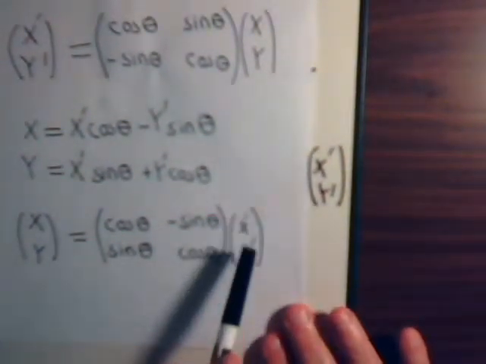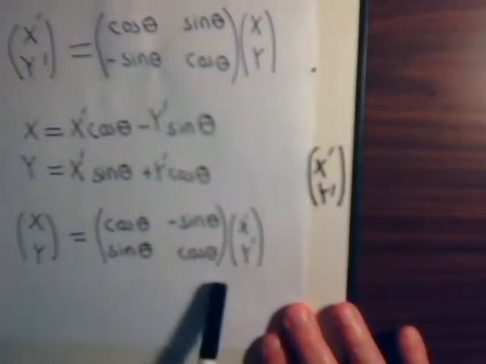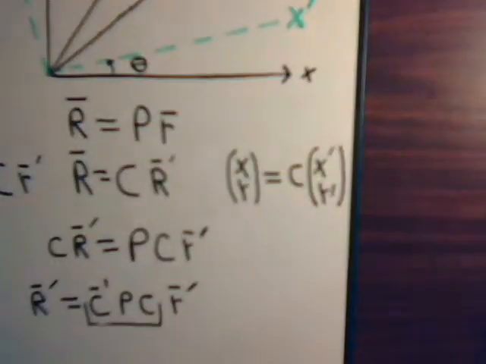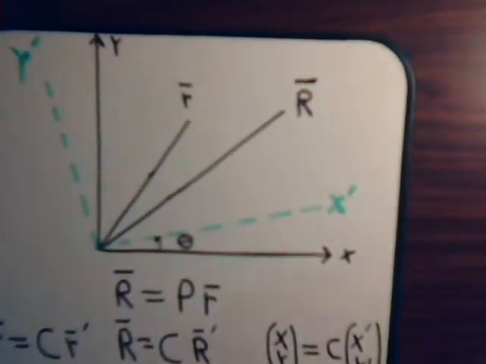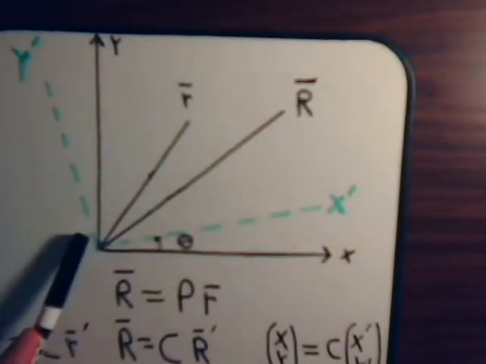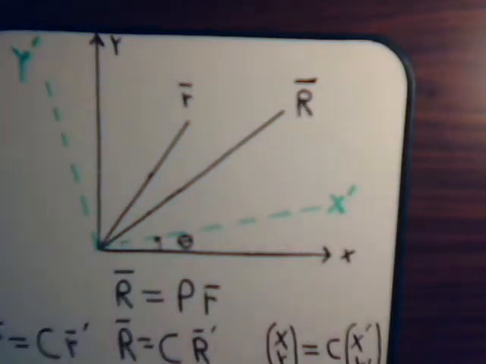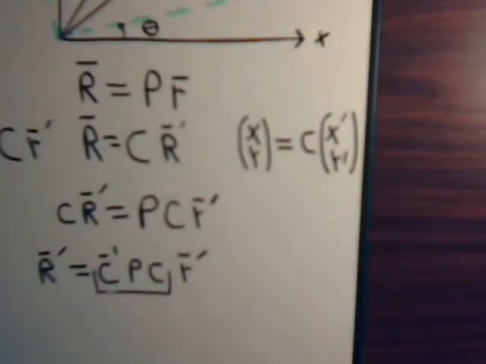This takes x prime, y prime, and gives xy, and here's the matrix that does it. So for this particular case, when our primed axes are perpendicular, and assuming we know the angle here, then we know what the matrix C is going to be. Well, okay, that we wanted to establish.